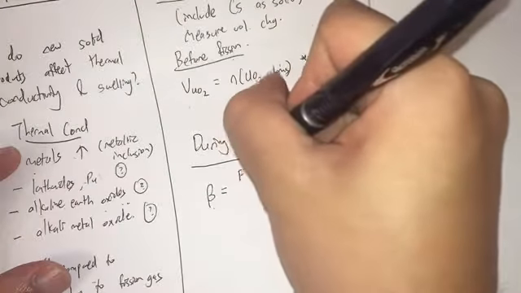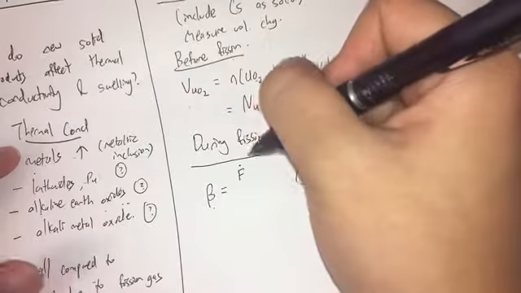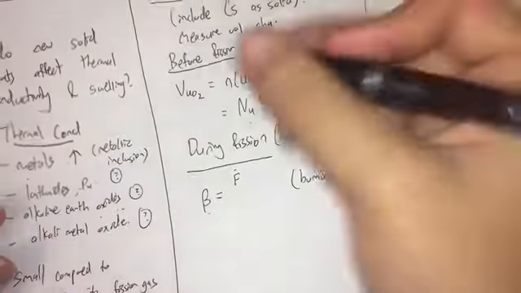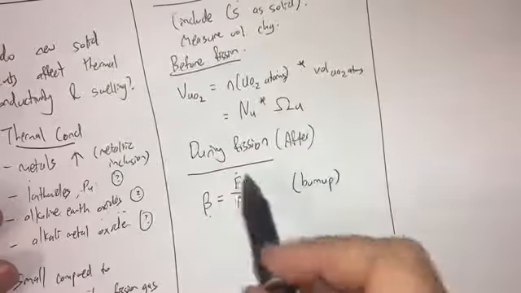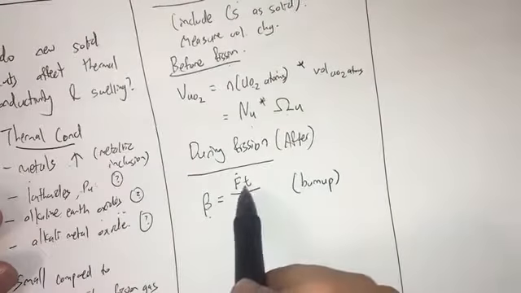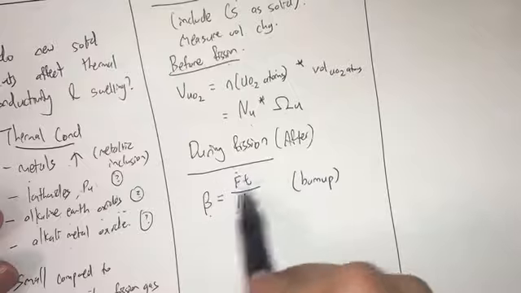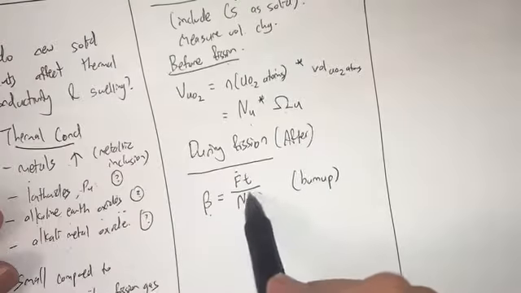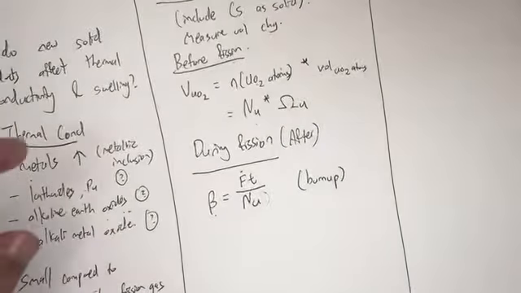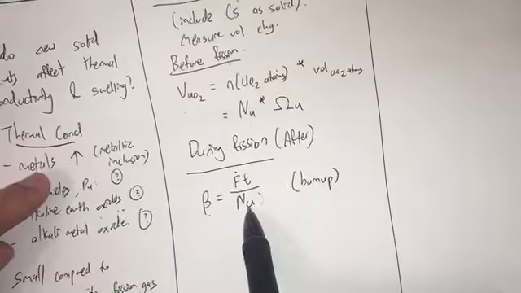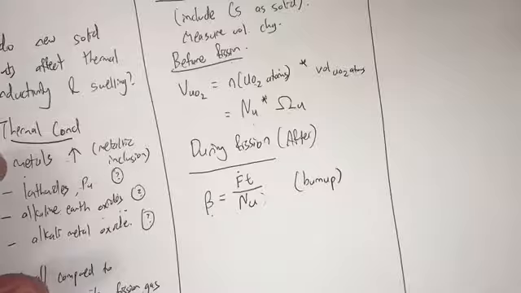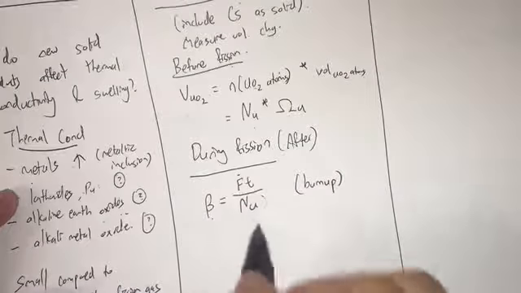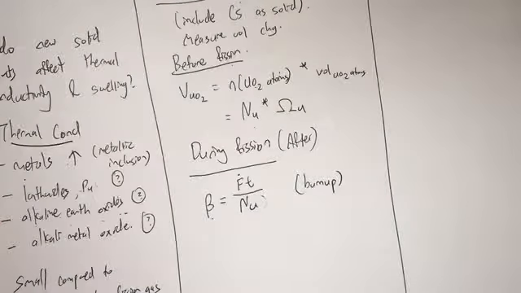You may have heard of it before, but if not, it's just a measure of the fraction of the fuel that has been used. This is the fission rate times the time, so the total number of fissions over the number of uranium atoms. This includes 238 and 235, not just 235. So burn up refers to the fraction of uranium consumed.